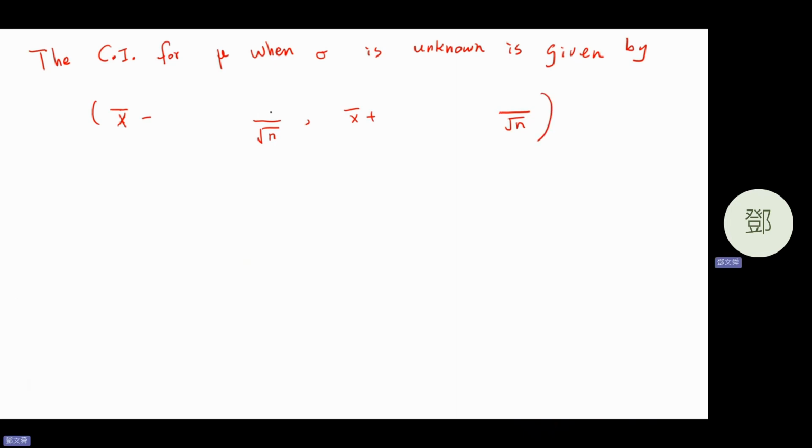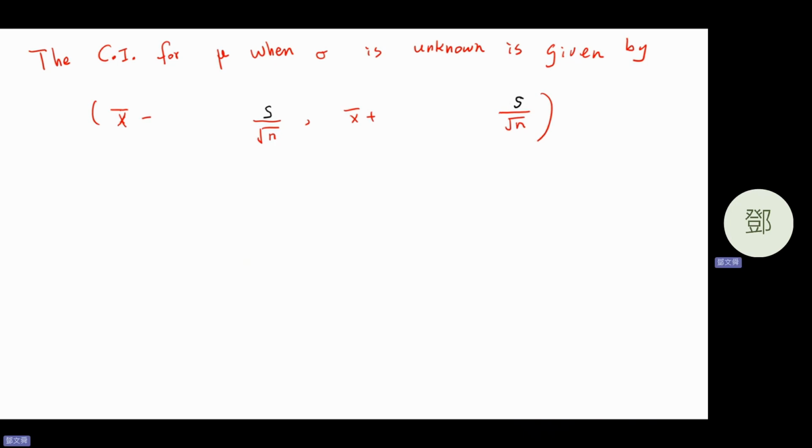And here it is s. Because it now serves as the fake value of sigma. Because now we don't have the true one.